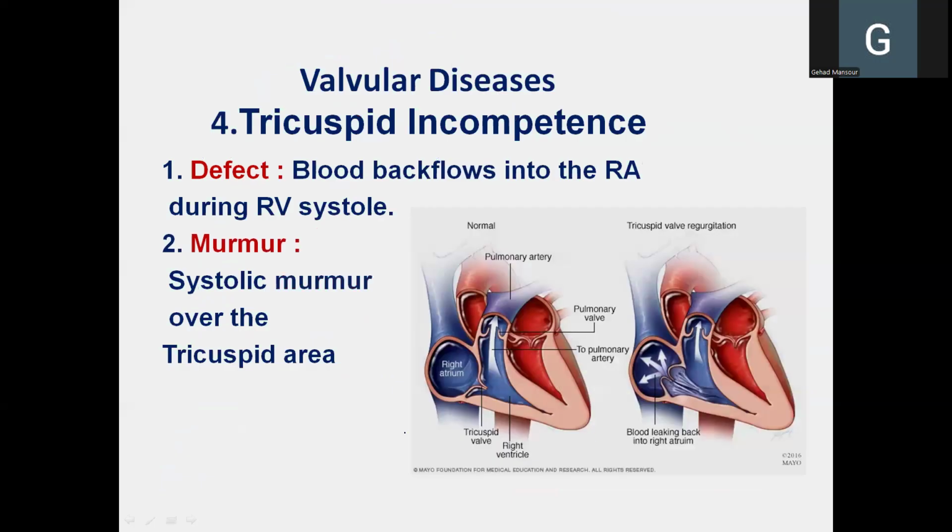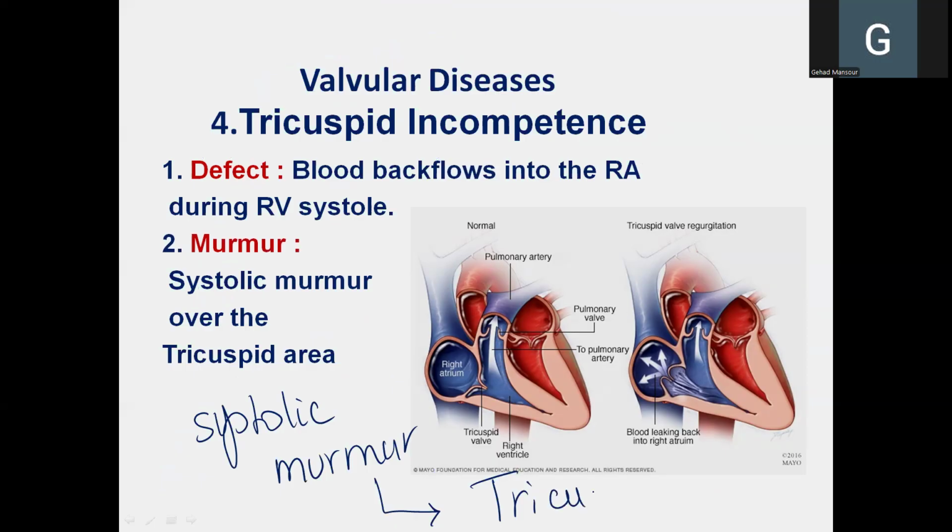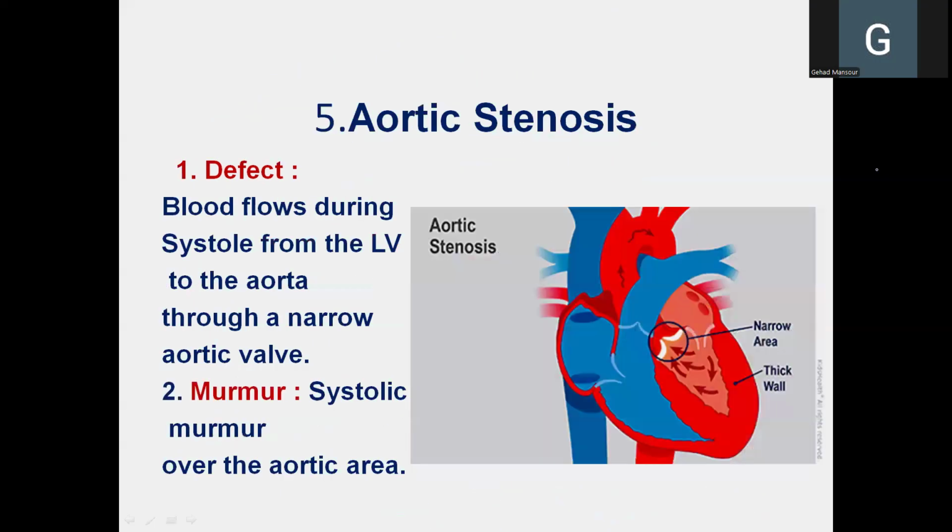Similarly, tricuspid incompetence is exactly the same, an incompetent valve that allows backflow of blood, but this time during right ventricular systole. So you would again have a systolic murmur, but because it originates in the tricuspid valve, it would be best heard over the tricuspid area, which is the fifth intercostal space, left mid-clavicular line.